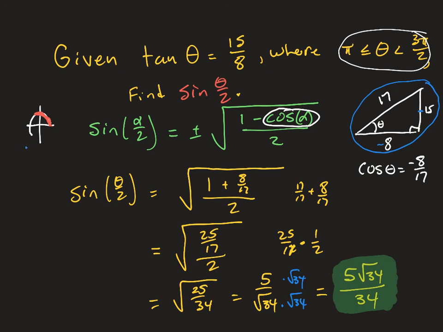Our angle theta was down here in the third quadrant, and then you have to imagine yourself cutting that thing in half, which looks like about where I drew this red one, and that sine value is positive because we're above the x-axis. So you have to be careful doing the calculations. There's a lot of square roots involved, but you also have to be careful with these positive and negative signs because it'll mess up your calculations.